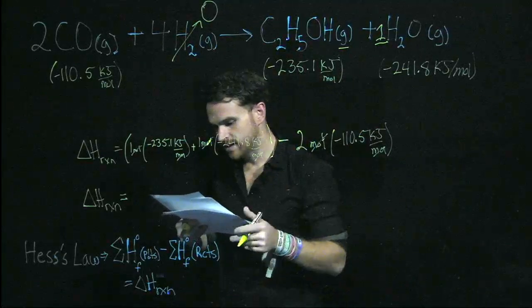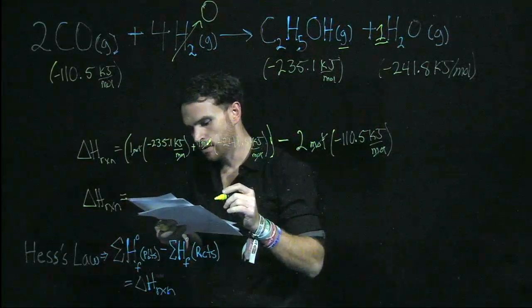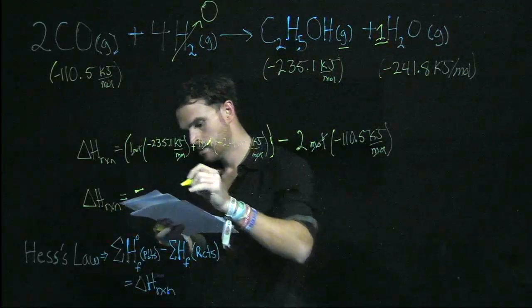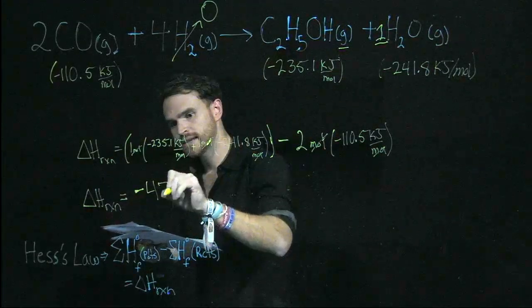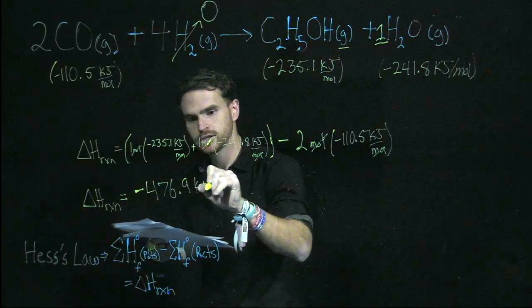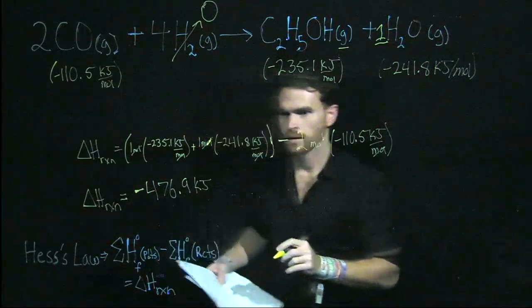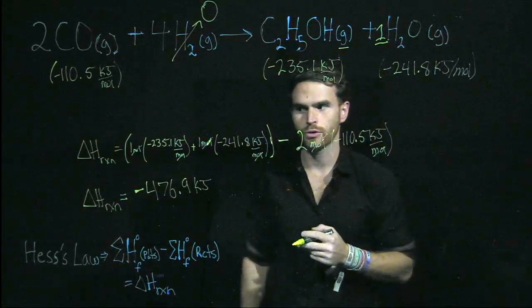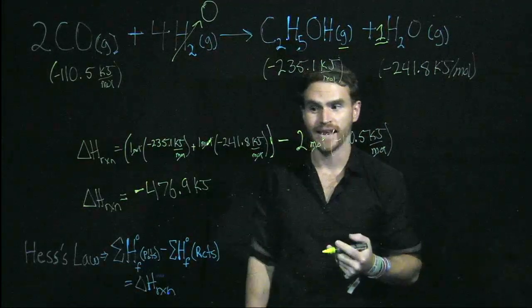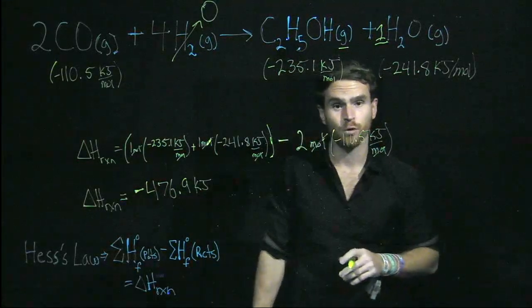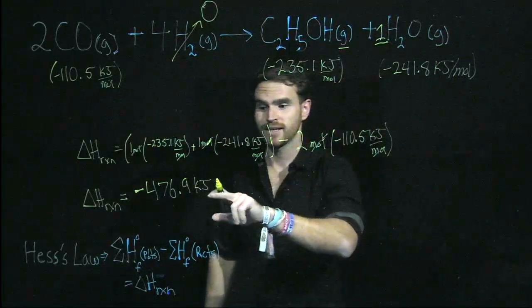If you break that down, you end up with negative 476.9 kilojoules, from adding these two values together: negative 235.1 plus negative 241.8 gives negative 476.9 kilojoules.